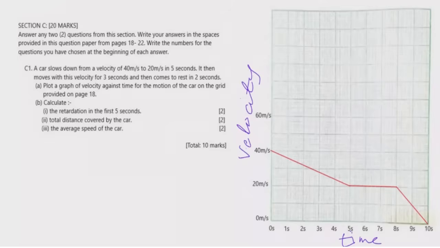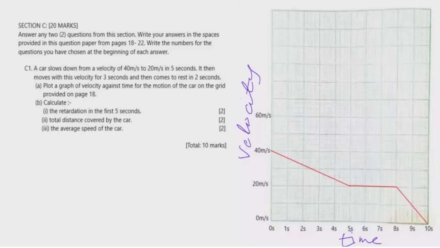So in the first 5 seconds it moves from 40 meters per second to 20 meters per second. Then it moved for 3 seconds at a constant speed of 20 meters per second. Then later on it came to rest after 2 seconds.